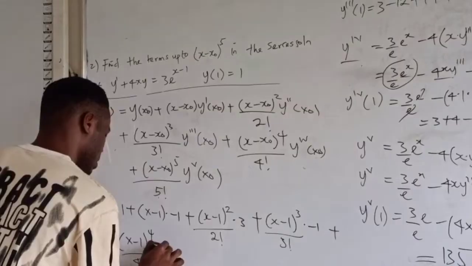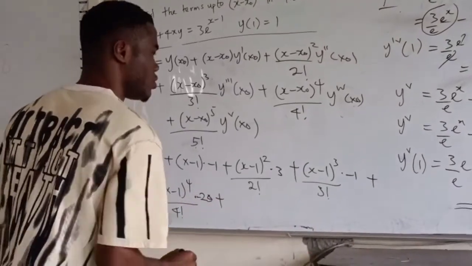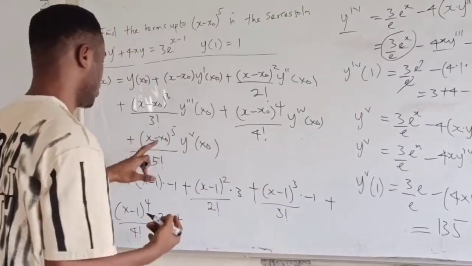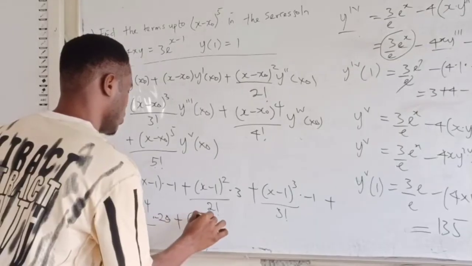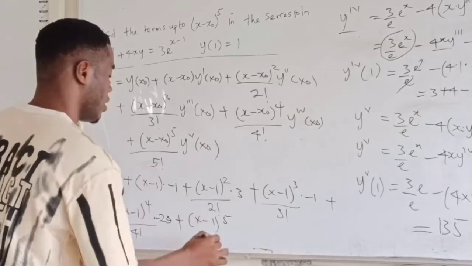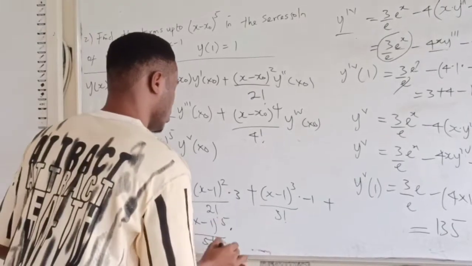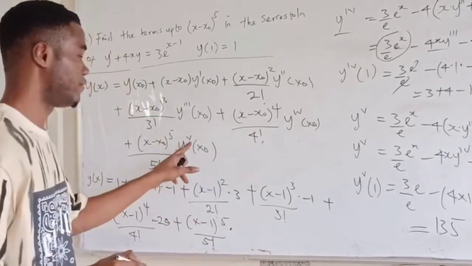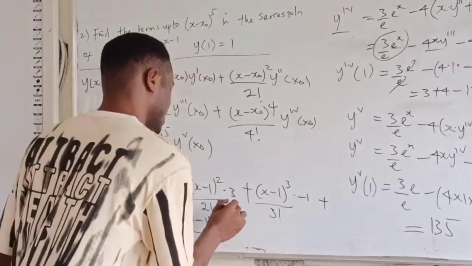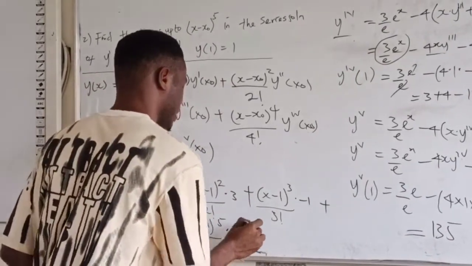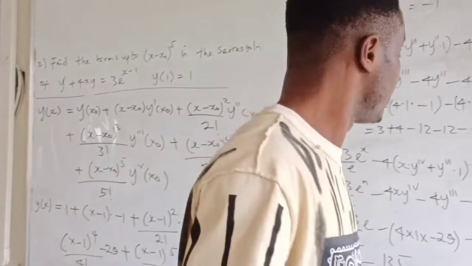So this is negative 29, plus the last but not the least, which is (x minus 1) to the fifth power divided by 5 factorial times our y of the fifth power, which is positive 135.